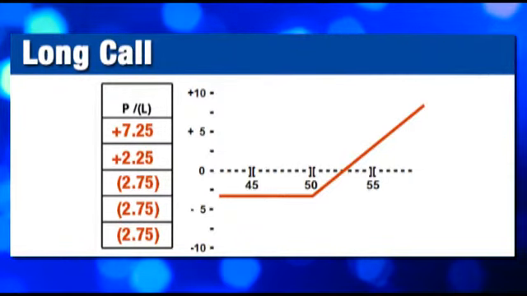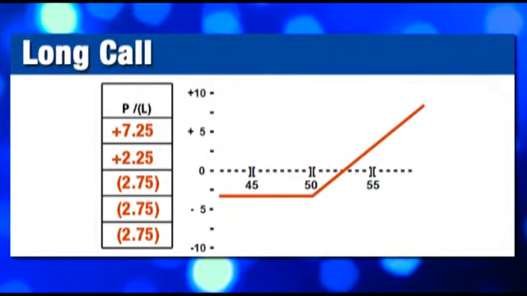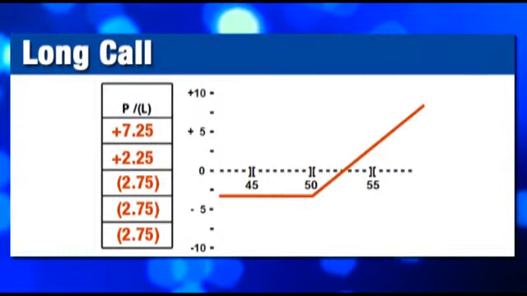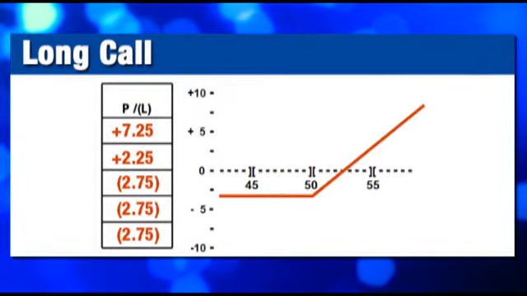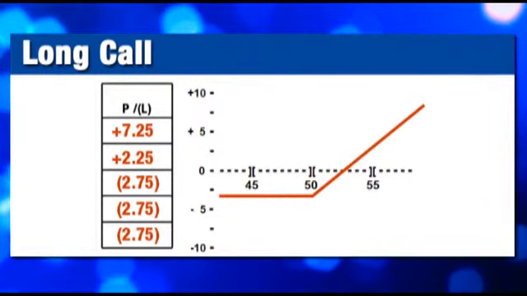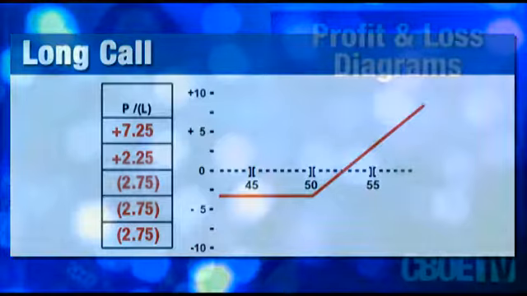Again, the numbers from the rightmost column of the profit-loss table are plotted on the diagram. And as the diagram shows, as the stock price rises above $50 in this example, the cost of the call is recovered, and then the long call strategy begins to make a profit. So here you have it, a completed profit-loss diagram of the long call strategy.